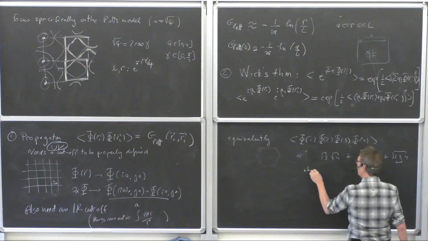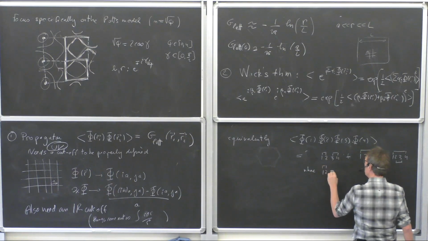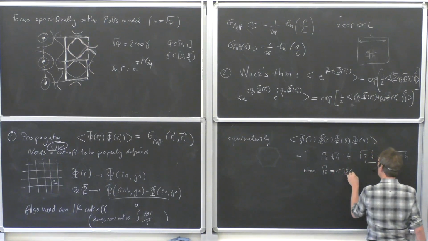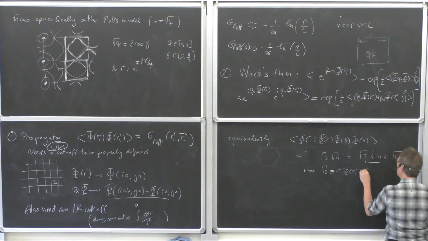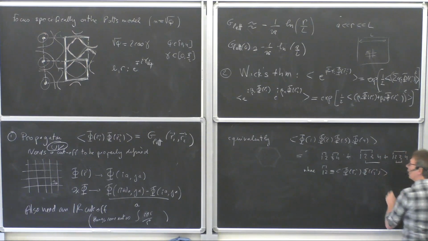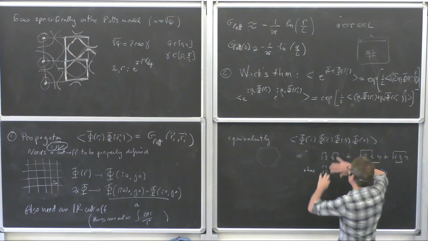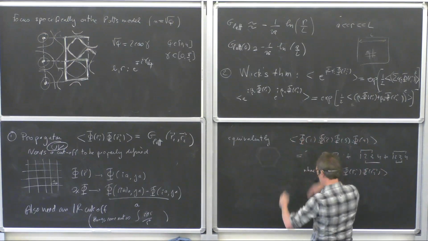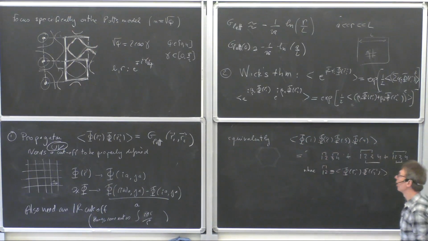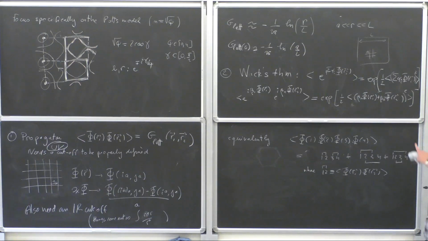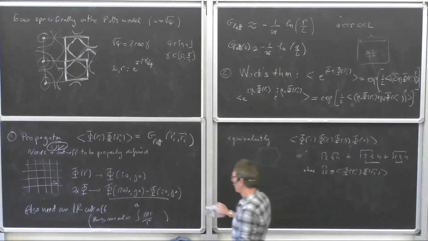Where 1, 2 means phi of R1, phi of R2, and so on, right? This is the way most of you know it, okay? So if you use this kind of thing and plug it into the exponential, you get the theorem in the way I want to use it, which is this formula.